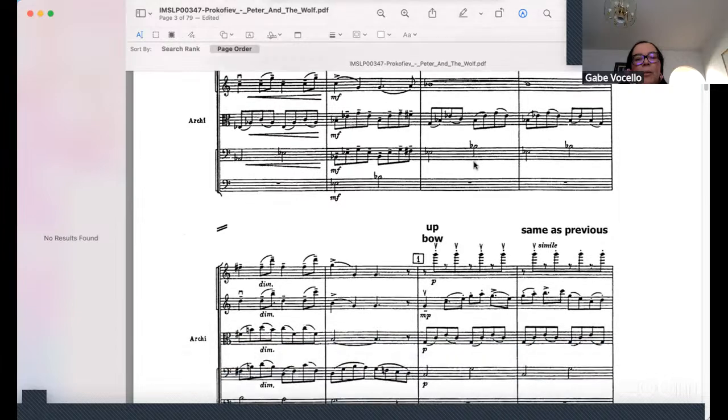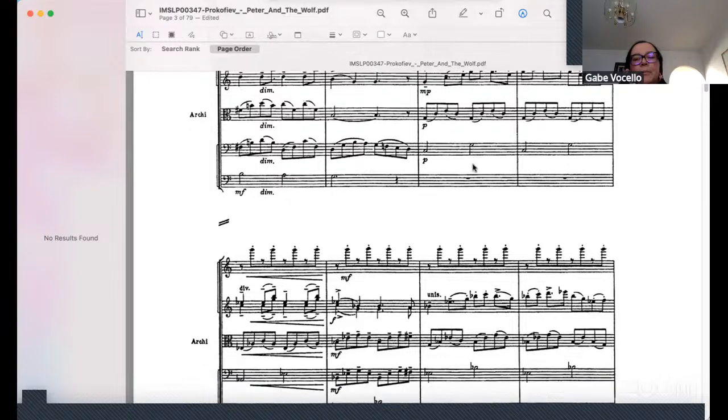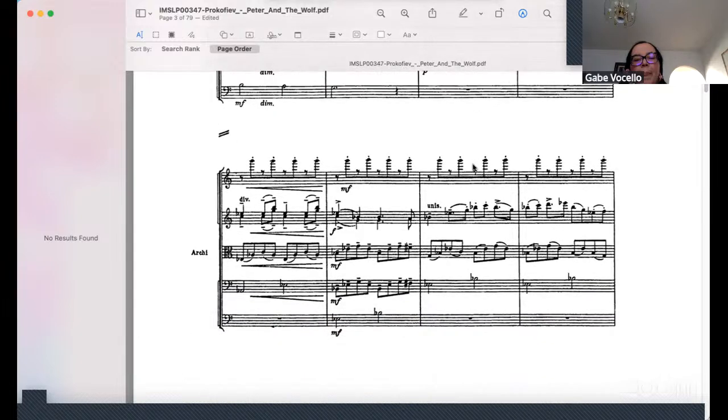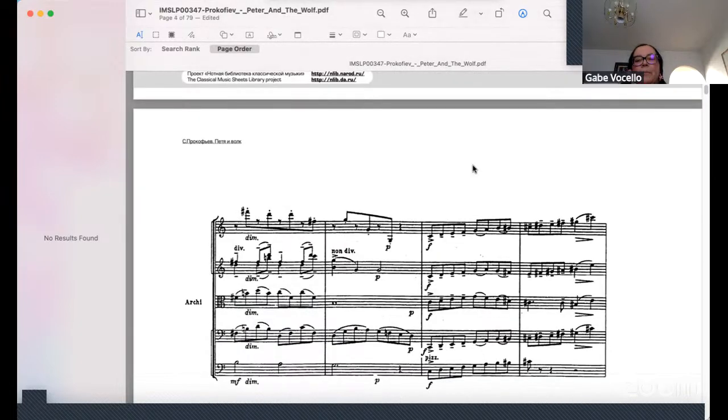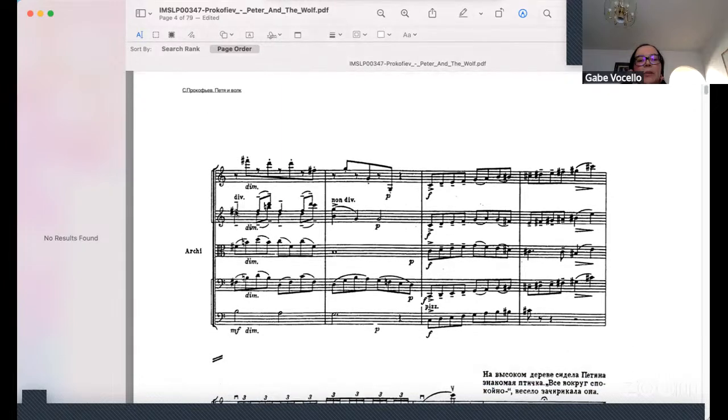I can find the down bow symbol here so I can show you. Divisi: the left side plays the higher pitch notes, the right side plays the lower pitch notes.